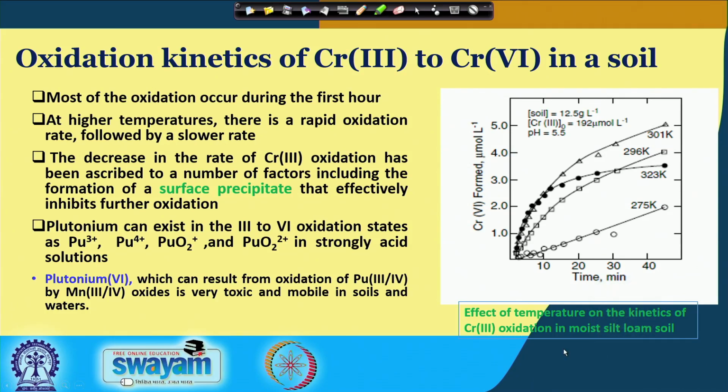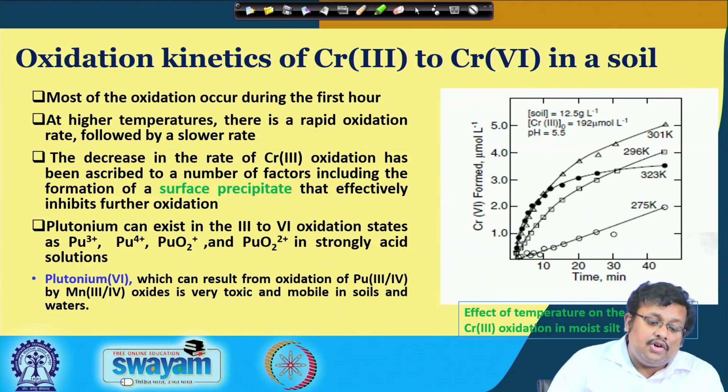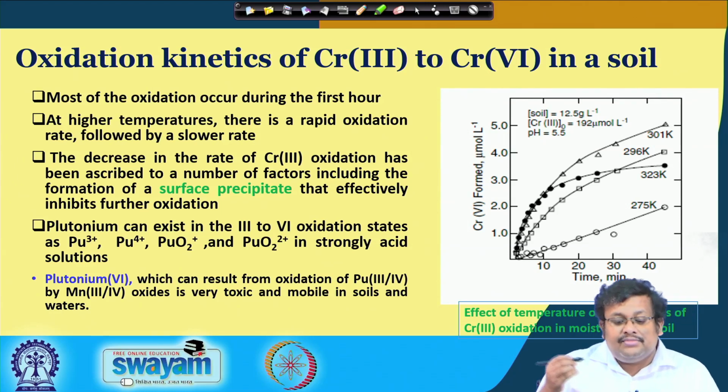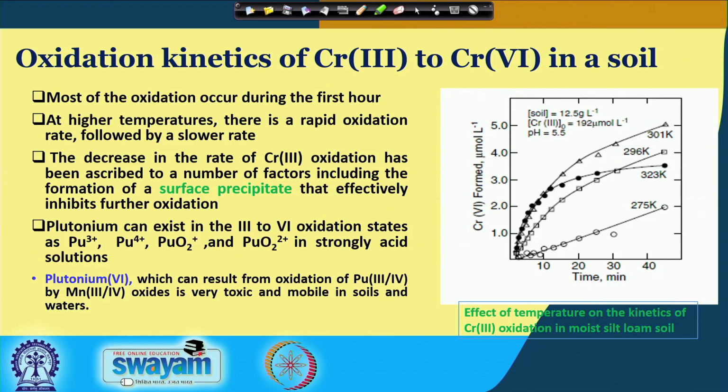Most of these reactions, basically the oxidation, occur in the first hour. At higher temperature there is a rapid oxidation rate followed by a slower rate, and the decrease in the rate of chromium 3 oxidation has been ascribed to a number of factors, including the formation of a surface precipitate that effectively inhibits further oxidation. You can also see that manganese can oxidize plutonium.